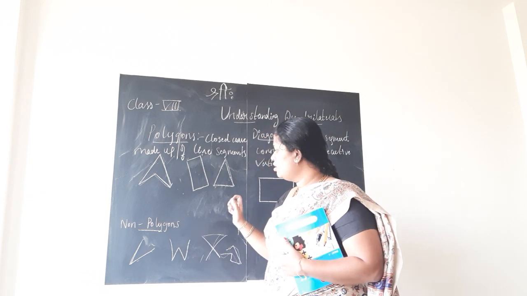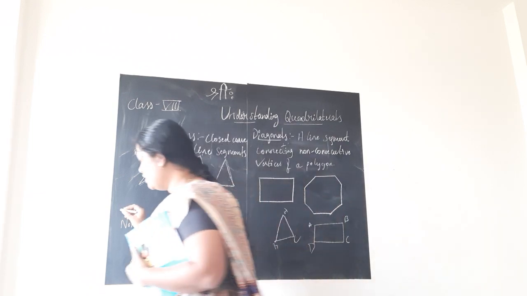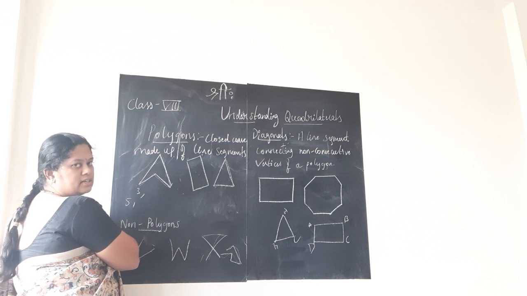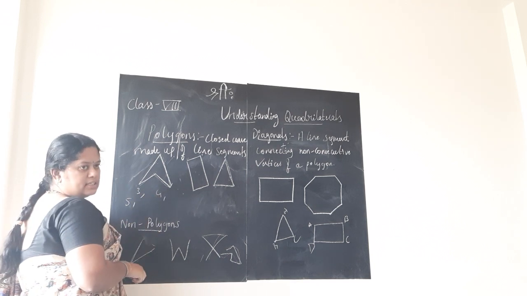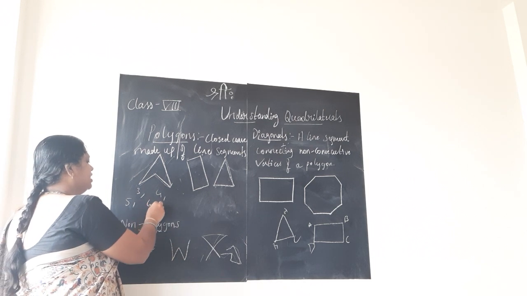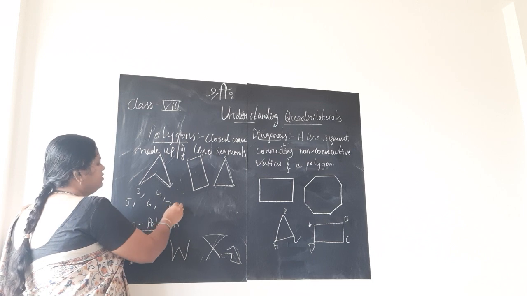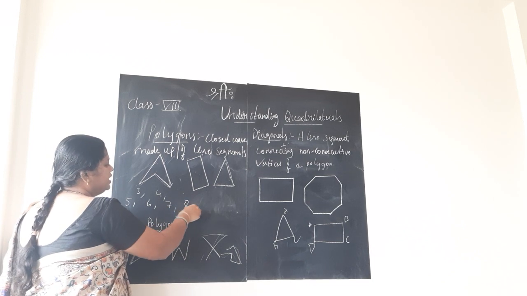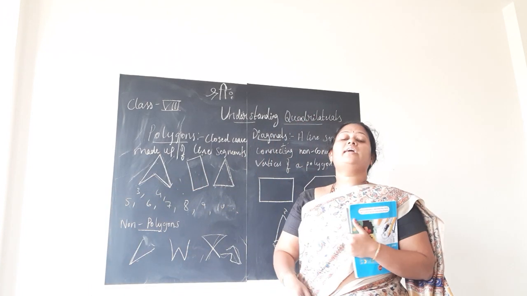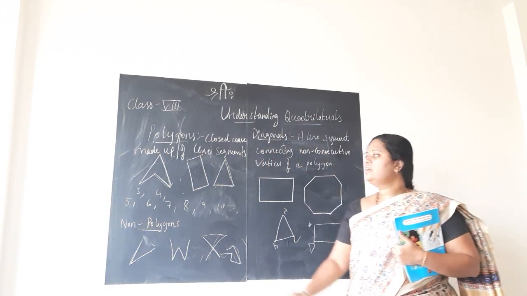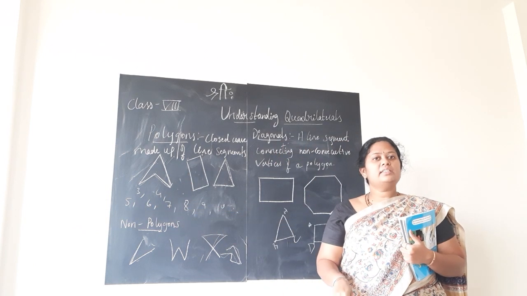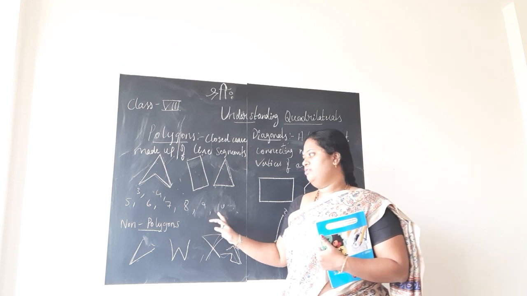You have studied in your lower classes that a polygon which has 5 sides is a pentagon, 3 sides is a triangle, and 4 sides is a quadrilateral, a square or a rectangle. 5 sides pentagon, 6 sides hexagon, 7 sides heptagon, 8 sides octagon, 9 sides nonagon, 10 sides decagon. Deca means 10. Polygons are classified based on the number of vertices and number of angles, children.